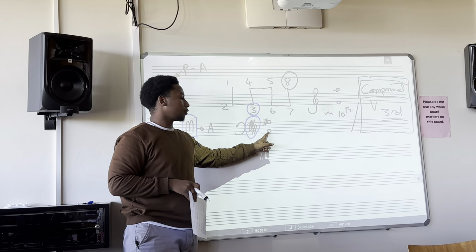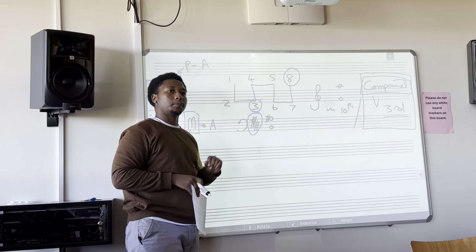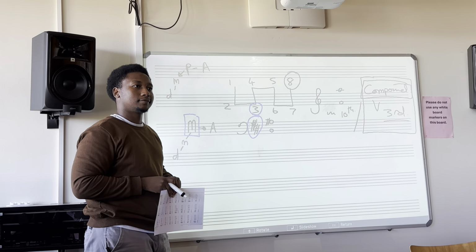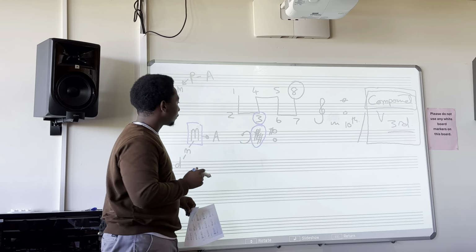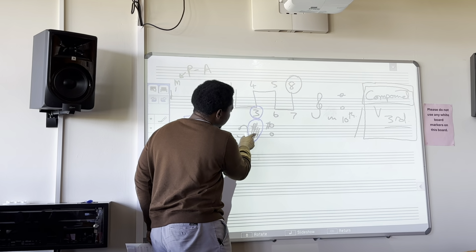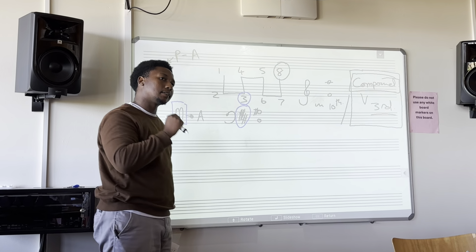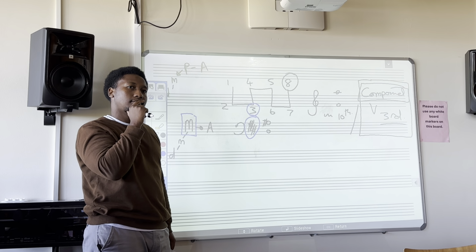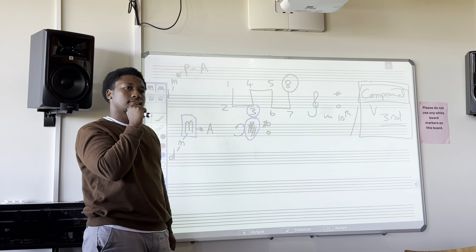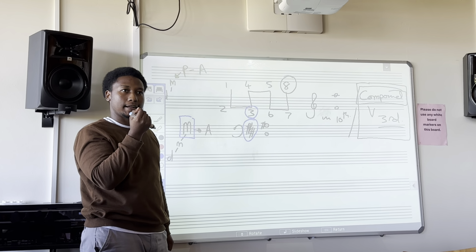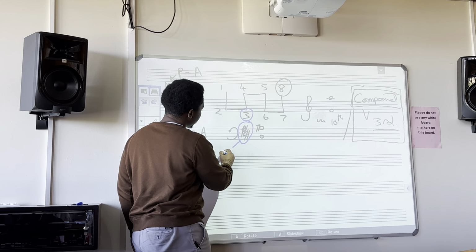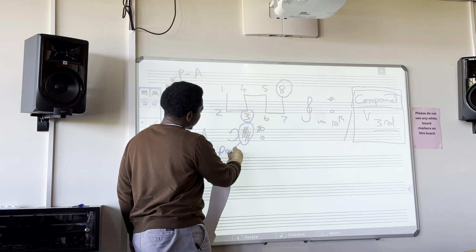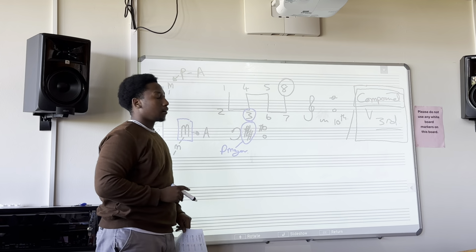But here you have B and A sharp. If we have two sharps here, what is it indicative of in terms of keys? D major, yes. So this tells you D major.